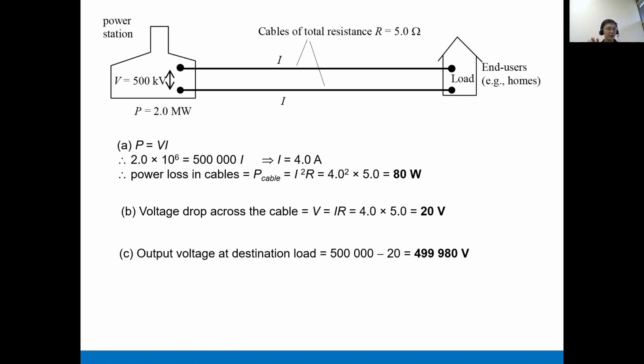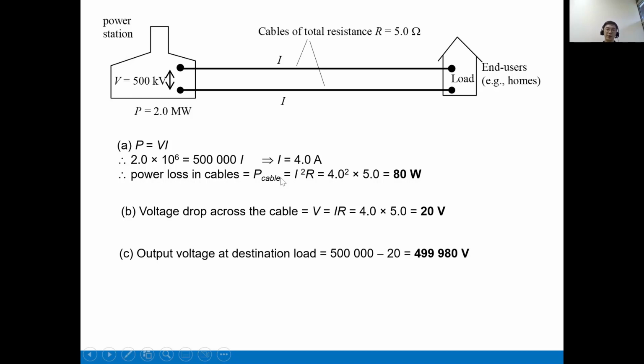Here I want to talk about a certain point. Of course, your home doesn't have 499 kilovolts across it; there's a step down here. But look at this equation. We calculated the power loss using I squared R. I strongly recommend that you use this equation to calculate the power loss. There are students who use P equals V squared over R. You can, but you must know clearly which V to use.